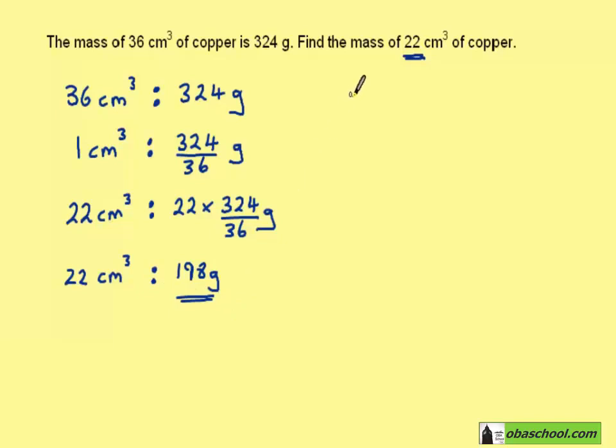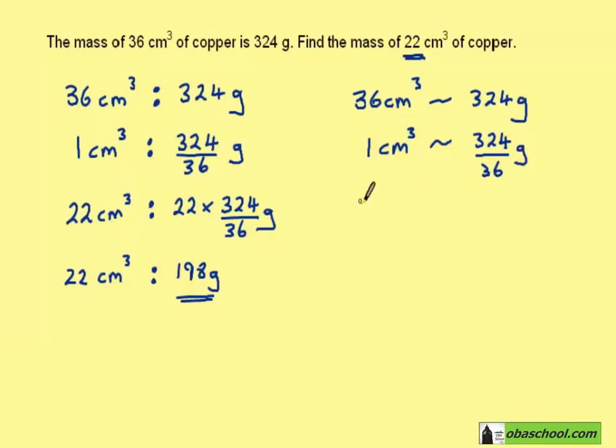Of course, there is no need to use a ratio to do this, although the way we calculate is exactly the same. We could just say 36 centimeters cubed is equivalent to 324 grams. But from this point, the calculation is exactly the same. We divide both sides by 36 to find the mass of 1 centimeter cubed of copper.